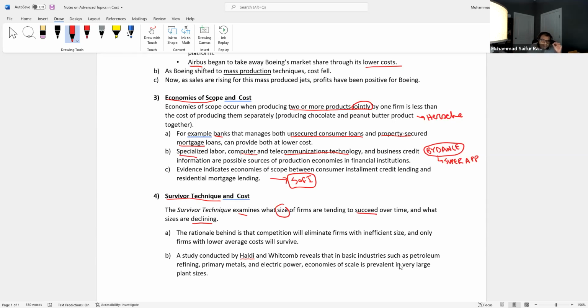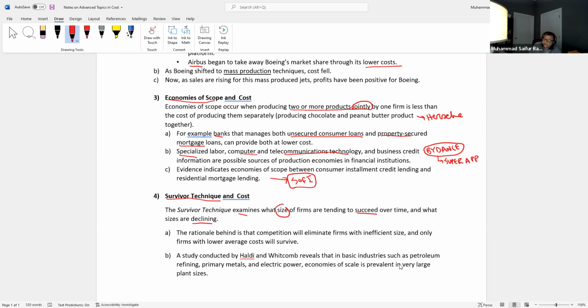So we need to figure out what size of a firm would be ideal for the business in question, and the easiest and most logical way of finding that optimal size is to identify firms that are successful. So it is done in two steps. Identify the firms that are successful and then identify the size of their operation.